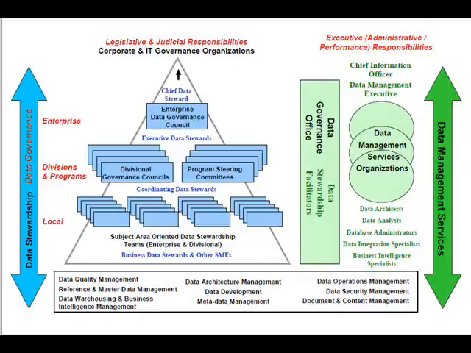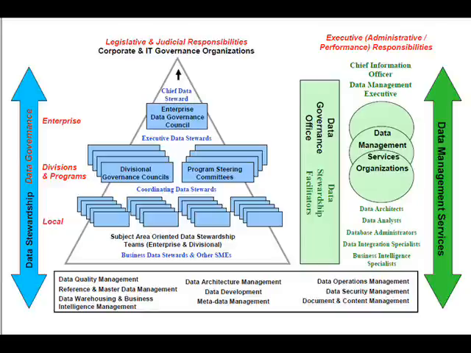To the left in the pyramid are your data stewards. The Chief Data Steward is on the enterprise level and oversees the Enterprise Data Governance Council and the Executive Data Stewards, who may be responsible for divisions and programs such as divisional governance councils and program steering committees.